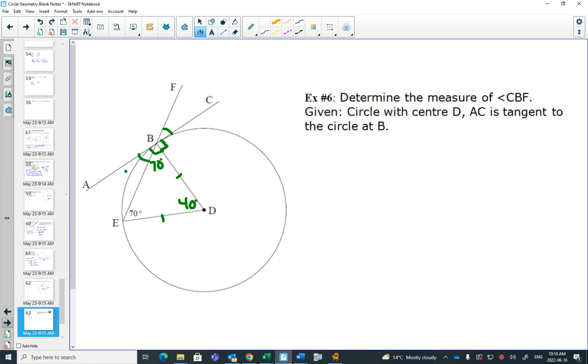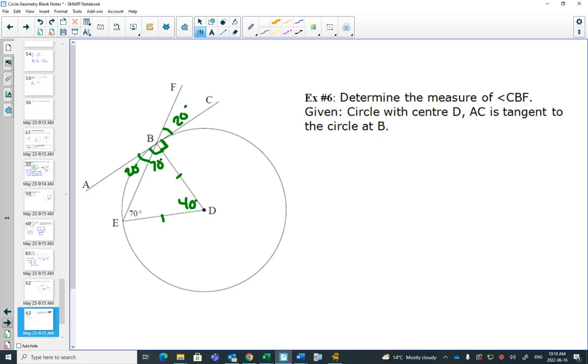This is 20. Yes, angles across from each other between two lines are the same. That's 20 as well. I like these questions because you don't know the answer right away, but you just keep going, what do I know? What do I know? What do I know?